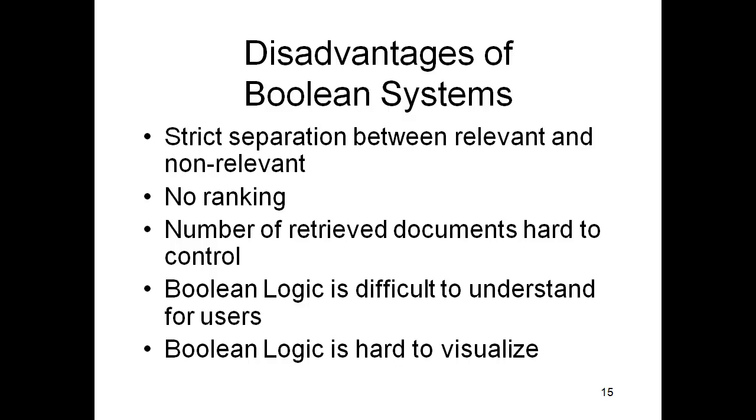Boolean logic is difficult to understand. Well, we had this nice example. We could solve it easily, but we know that users, even professional users, confuse Boolean operators. Why is that the case? What makes them so difficult?